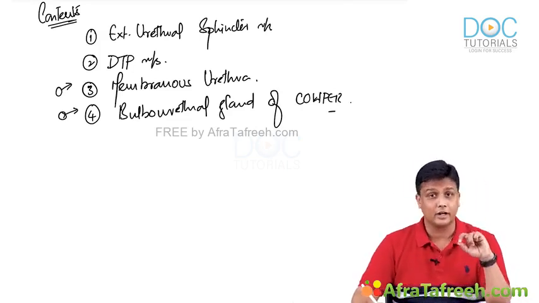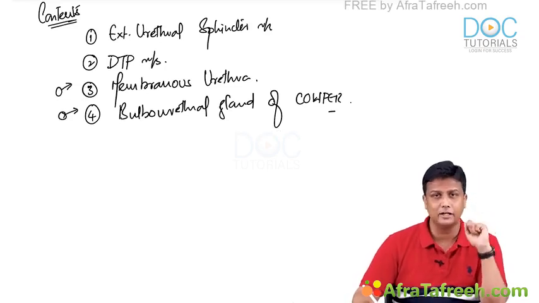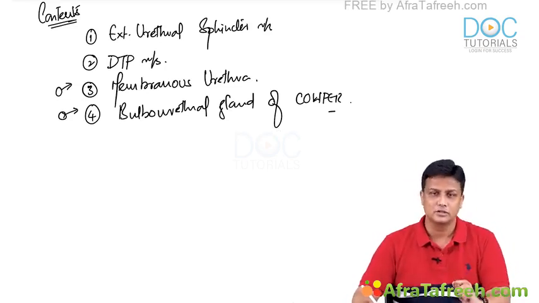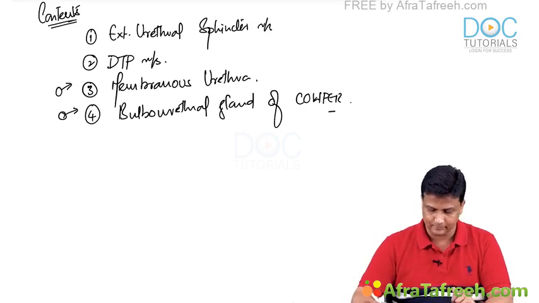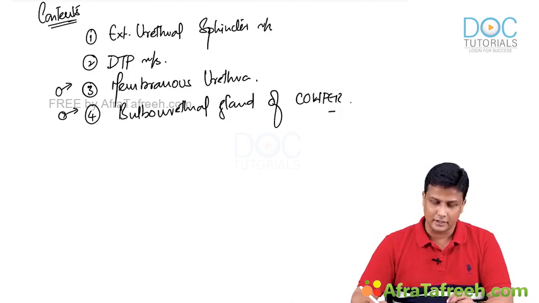But remember about the duct. I'm telling you again, the duct of the Cowper's gland is present in the deep perineal pouch, and then it is going to pass through the superficial perineal pouch also, guys. That is about the deep perineal pouch contents here.